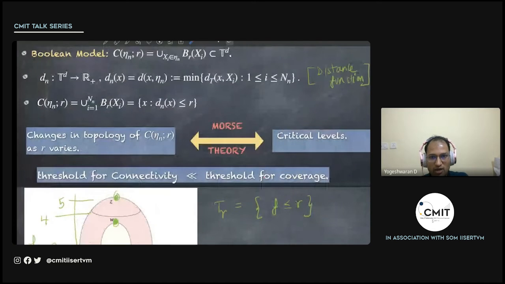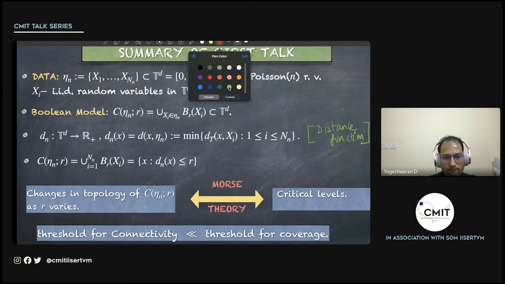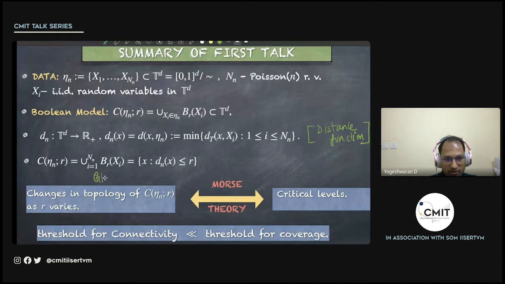And what is the importance of Morse theory? Like I said, change in topology is very global information, and this is local. So a change occurs very locally, but to know what type of change occurs is not local. That is global.